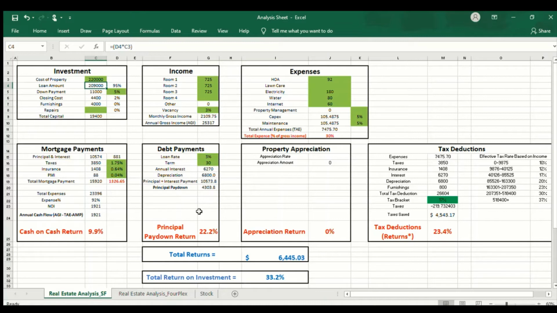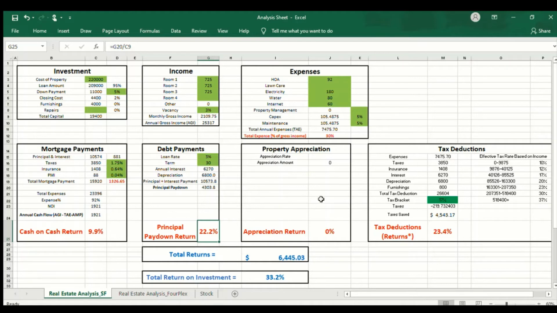That is money that is being paid by your tenants. So it's a return because you're reducing your debt load and increasing your equity and your net worth. To calculate the principal pay down return, you determine the total principal pay down during the year and divide that by your total capital. That gives you a 22.2% pay down return.